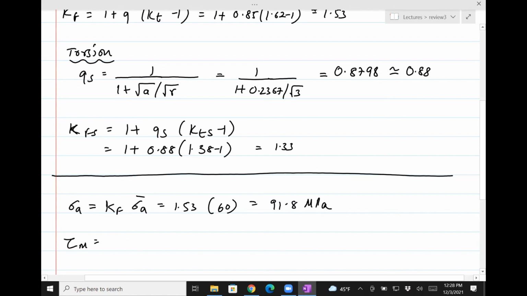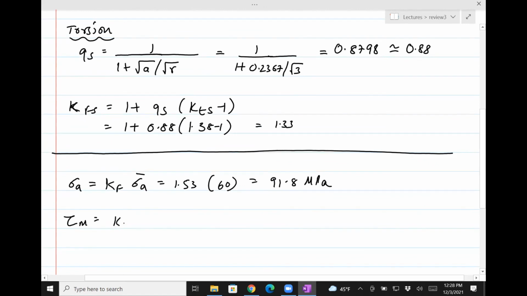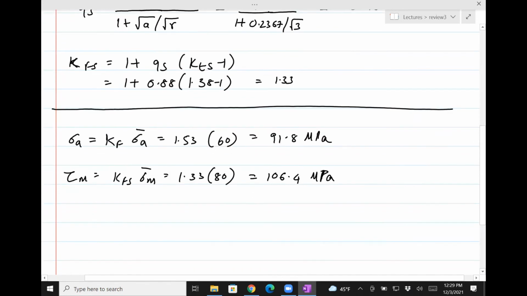Similarly, the shear stress is KFS times sigma M prime. So it's 1.33. Sigma M prime is given to us, it's 80. And since it's in MPa, we have 106.4 MPa. So that gets us to finding the normal stress and shear stress due to alternating and bending loads.